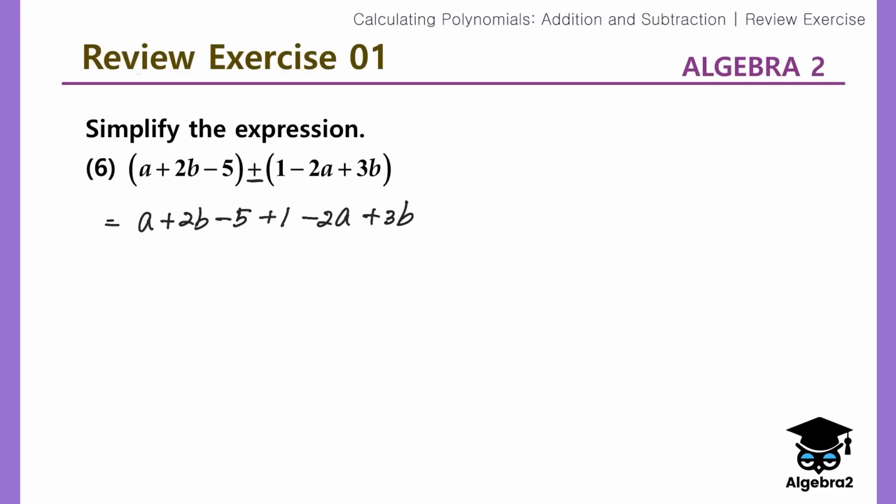So let's look at variable a first. A minus 2a. 1 minus 2, that's minus 1, right? So minus a. B, we have 2b, 3b. 2 plus 3, that's 5b. Constant, minus 5 plus 1. So that's going to be minus 4.